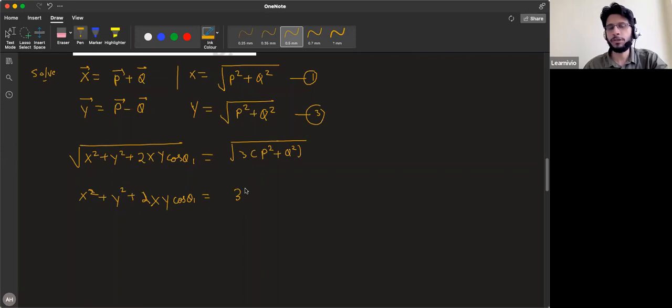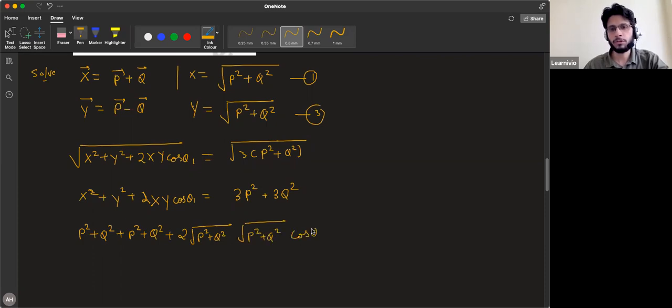I'm multiplying with 3 on both the terms. Right? 3P square plus 3Q square. Next, what you can do is put the value of X here. So how much is X square? X square will be P square plus Q square. What is Y square? Just P square plus Q square. 2XY, 2 root over P square plus Q square. How much is Y? It's root over P square plus Q square.